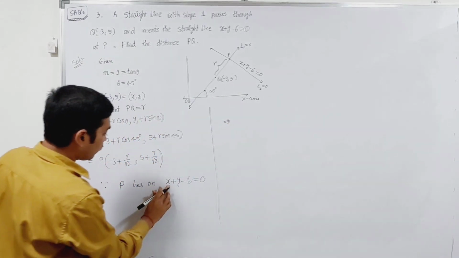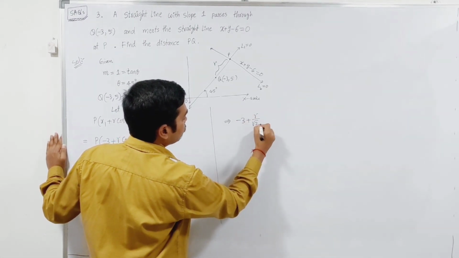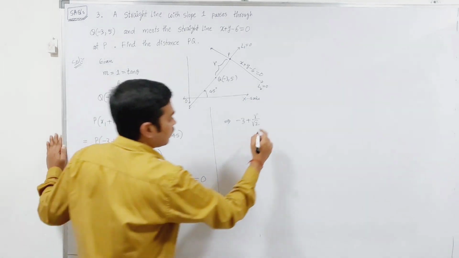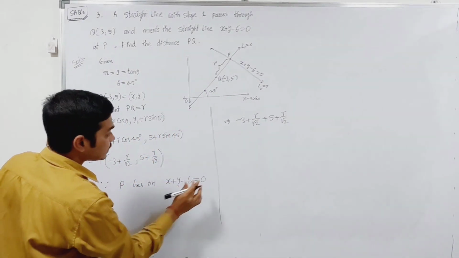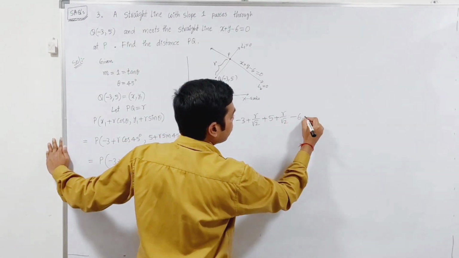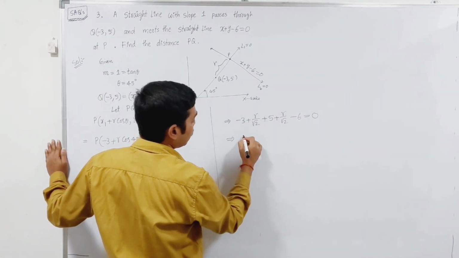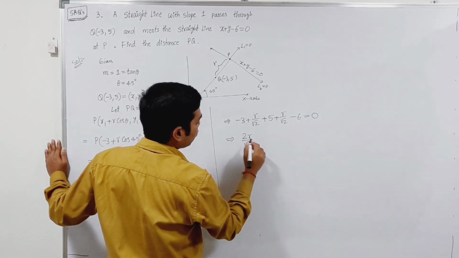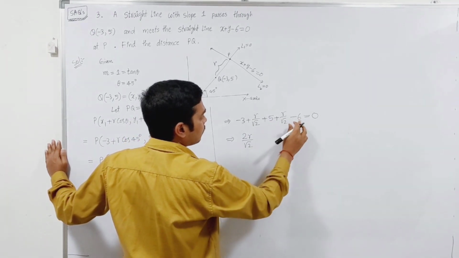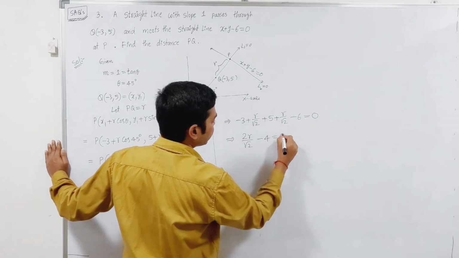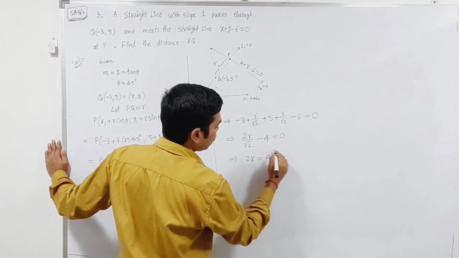So (-3 + r/root 2) + (5 + r/root 2) - 6 = 0. Here r/root 2 plus r/root 2 is 2r/root 2, and -3 + 5 - 6 is -4, so 2r/root 2 - 4 = 0. From this equation, 2r = 4 root 2.